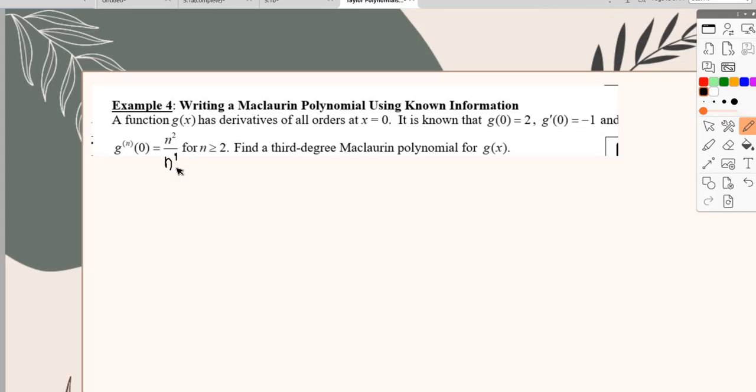So this time we're going backwards, meaning that it gave us the nth rule there, and we're going to use that to plug in for our derivatives.